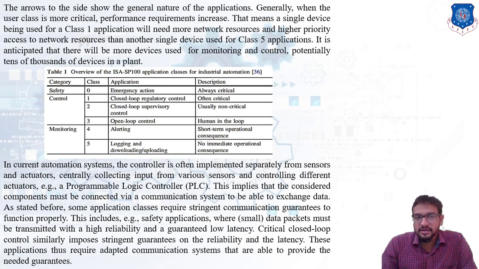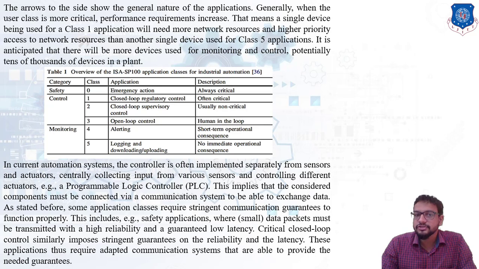Second is the control category, in which there are 3 classes: class 1, class 2, and class 3. Class 1 has an application of closed loop regulatory control, which means control, which we know is a function of a controller. So this is an application based within a controller, and this first class has a critical application.